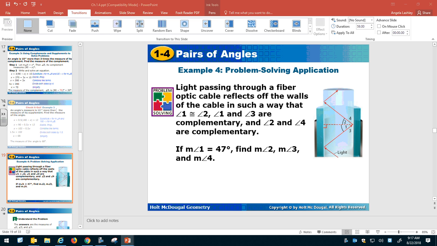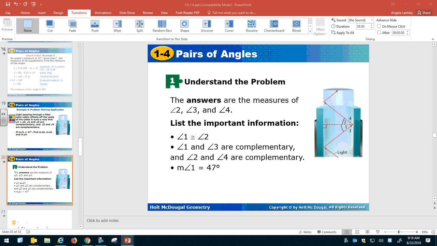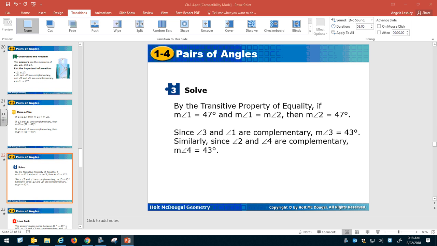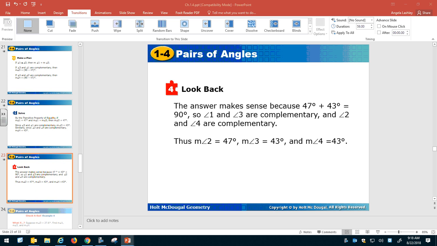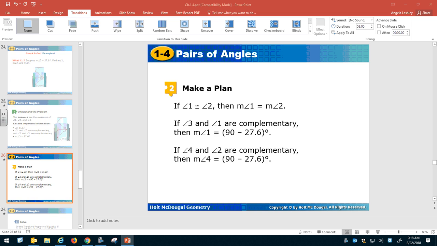And since 2 was 47 also, then 4 is going to be 43 degrees. Questions about how we got those? Pretty easy, right? Okay, these problems sometimes look like they're going to be complicated and really they're not. So don't let the word part stress you out. They went about it really long, can you tell?